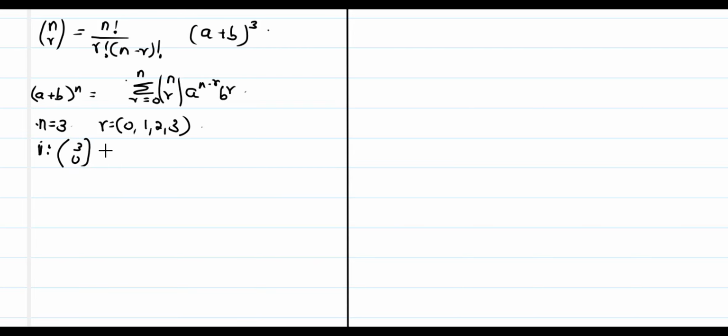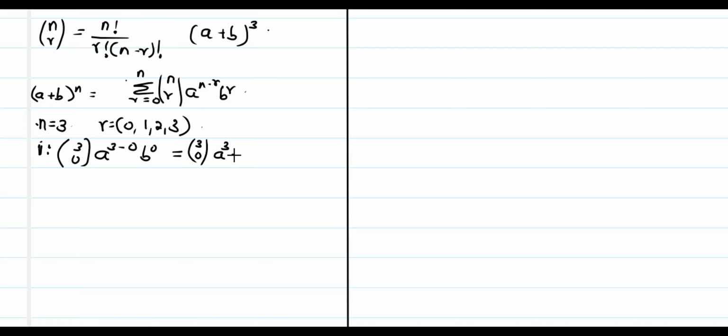Then here, a to the power n minus r, but n is 3 minus r, which is 0, times b raised to power 0, which becomes 3, 0. 3 minus 0 is just 3, so it will be a raised to power 3, then b raised to power 0 is 1.